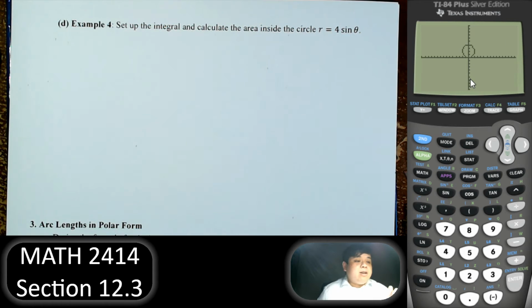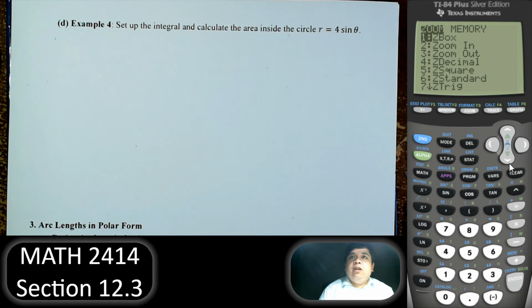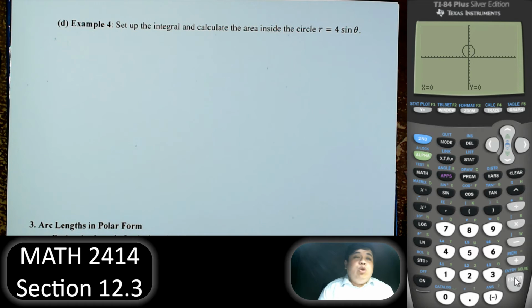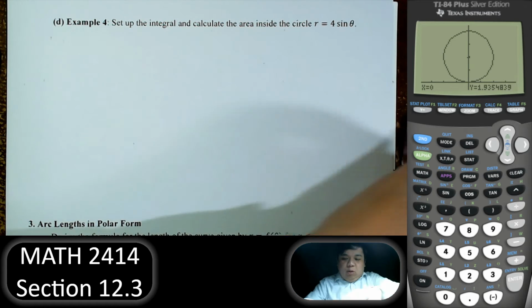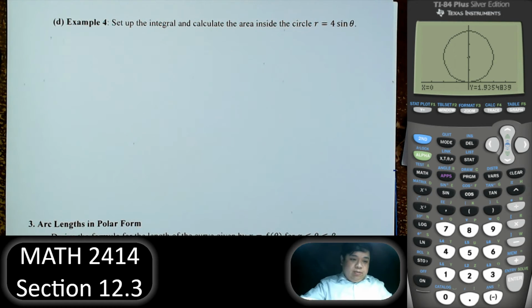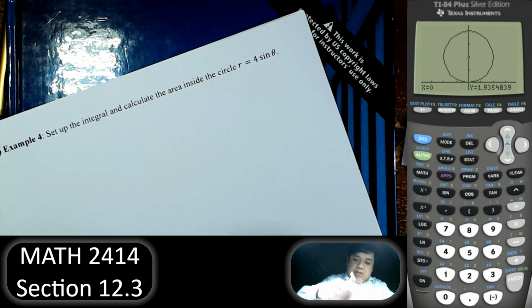Right, so look like that. Let's zoom in. Usually from zoom in we can zoom where the center is. I will zoom right at the center around there. Now that's a nice circle. Of course we can graph it if we want to. Just going to graph that too. So we have a circle.